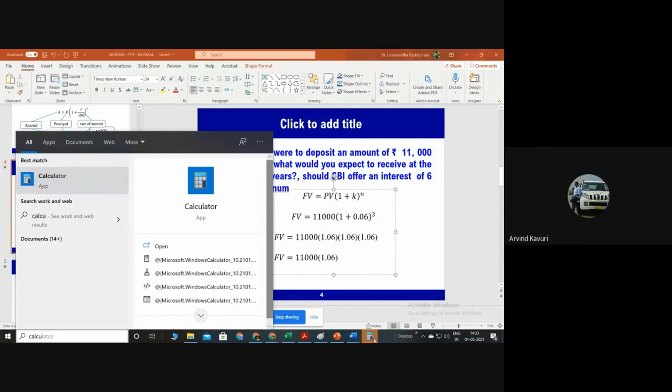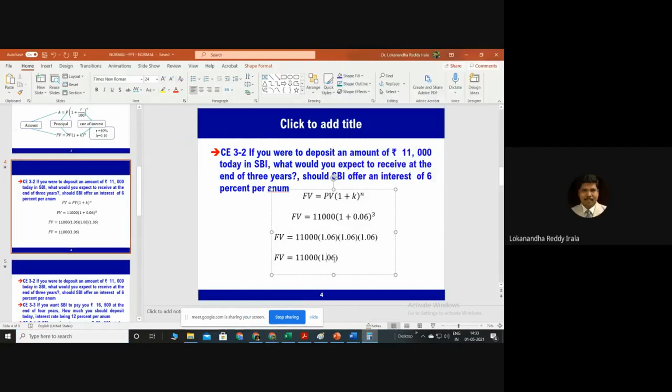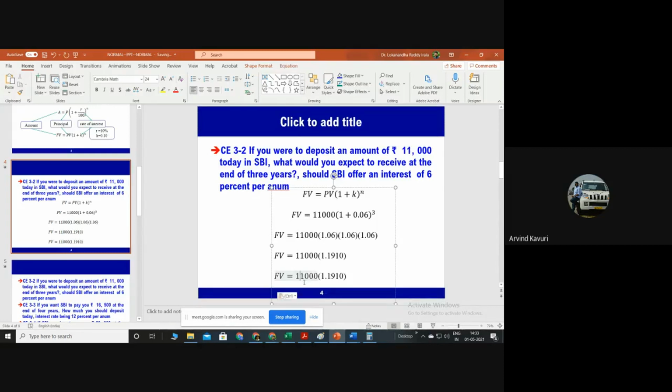It is 1.191, sir. 1.191. You have one more digit, 4 digits. Then how much is it equal to? 13,101. 13,101. Yes, sir.